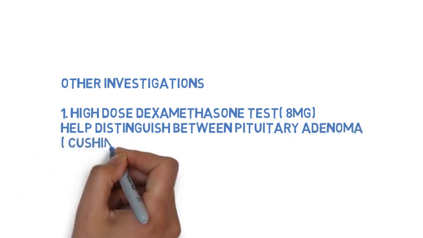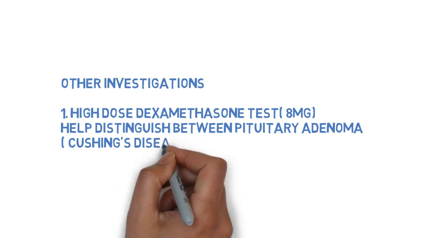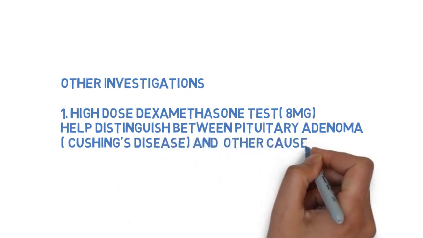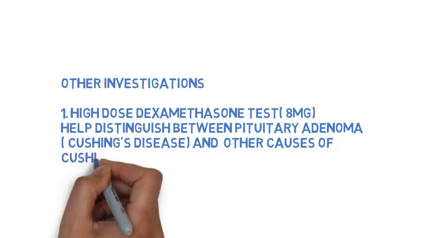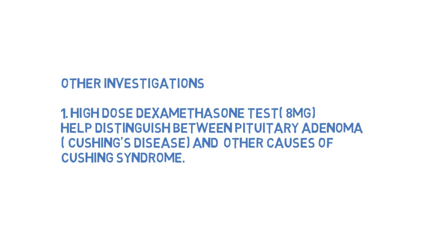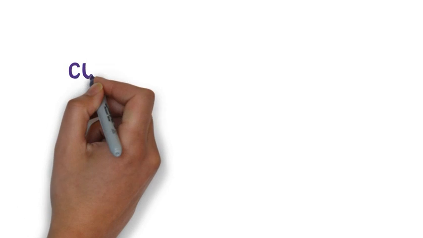There'll be negative feedback, and the body will say, hey, we're getting enough dexamethasone, we don't need to produce all that cortisol. So they'll get a closer to normal result from the high dose dexamethasone test if it's a pituitary source. Any other source of Cushing syndrome will not give a response to the high dose dexamethasone test. So the cortisol will still be high, it won't be suppressed.